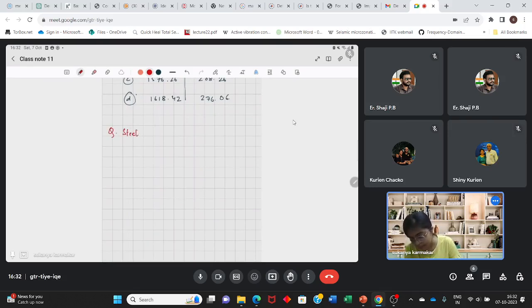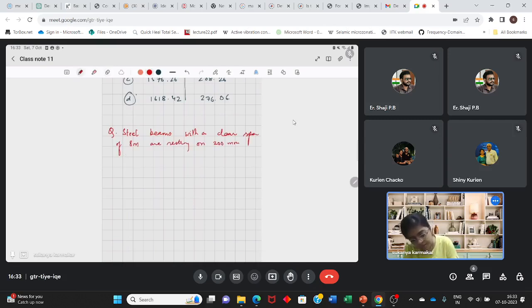Steel beams with a clear span of 8 meters are resting on 200 mm wide end bearings.